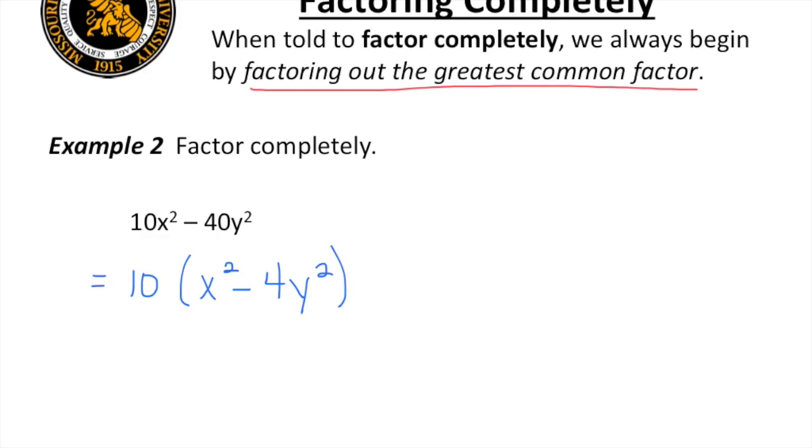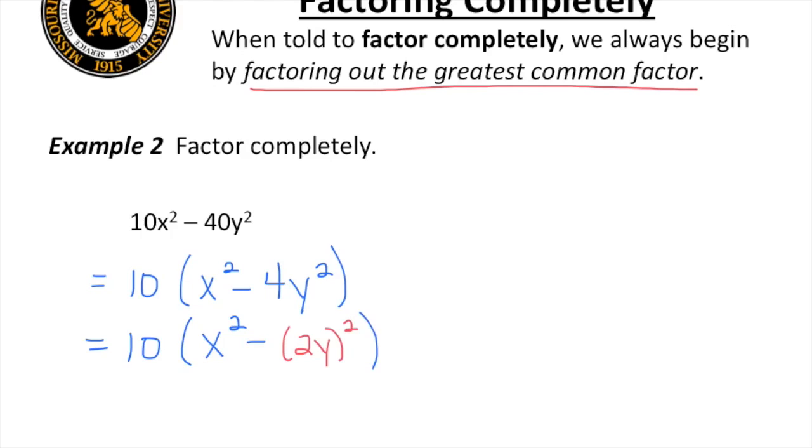Considering what's left in parentheses, we notice that we have a difference of two squares. The first term is x squared. The second term can be written as the quantity 2y squared.